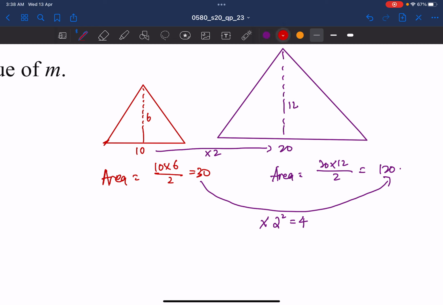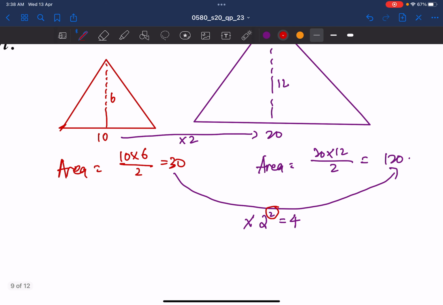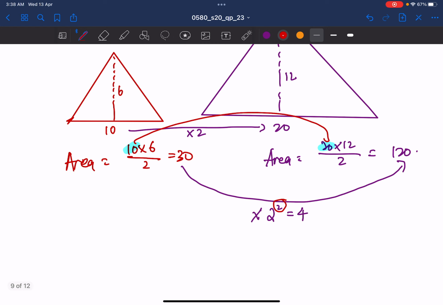The reason for the square is that from here to here it is times 2, because of the scale factor of the side, and here it is times another 2 again. So 2 times 2 is 2 squared.